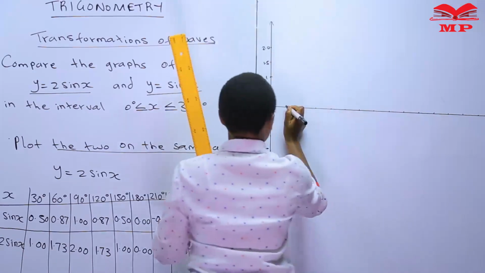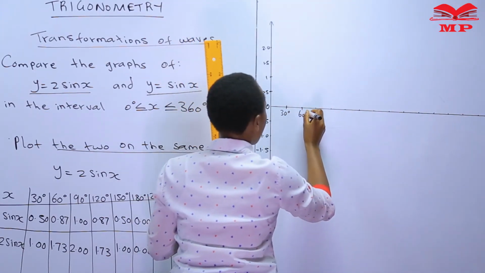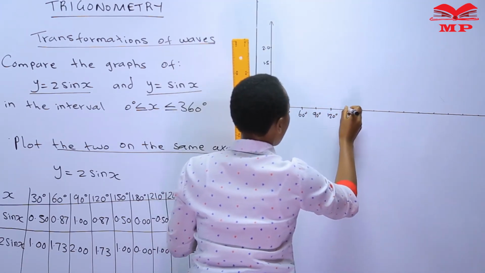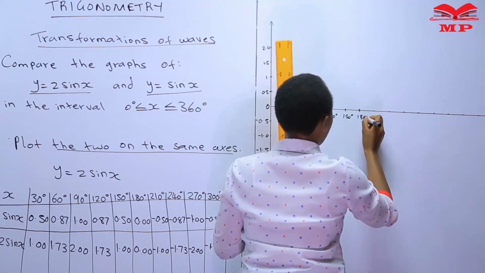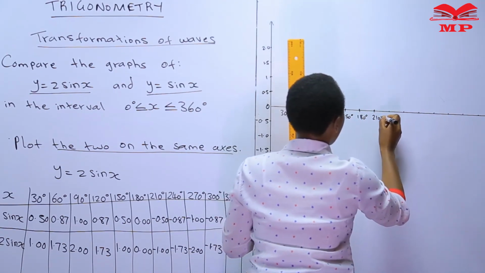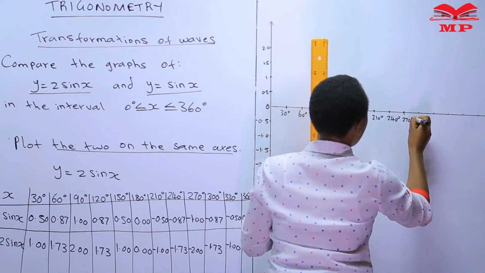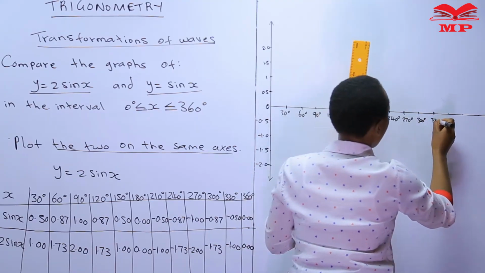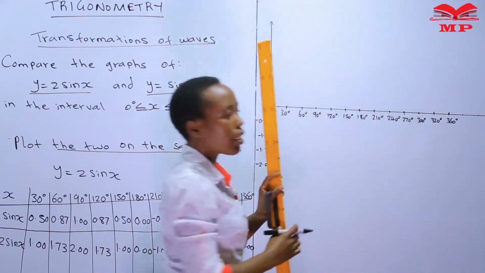So we have 0, we have 30 degrees, 60 degrees, we have 90, 120, we have 150, we have 180, 210, 240, 270, we have 300 degrees, we have 330, then we have 360 degrees.